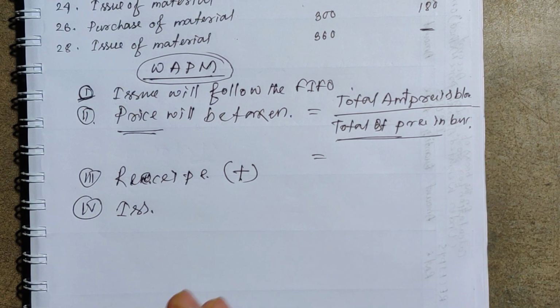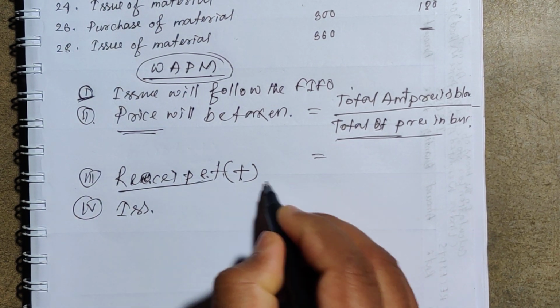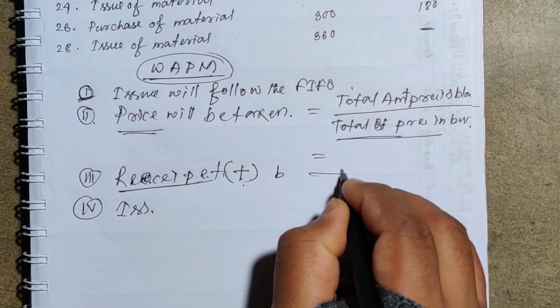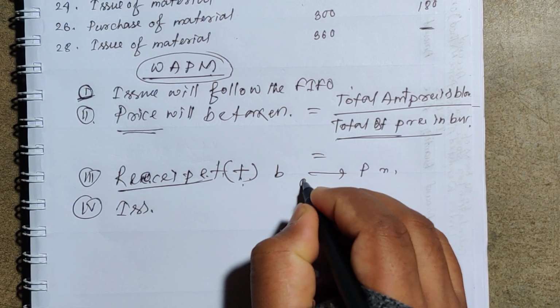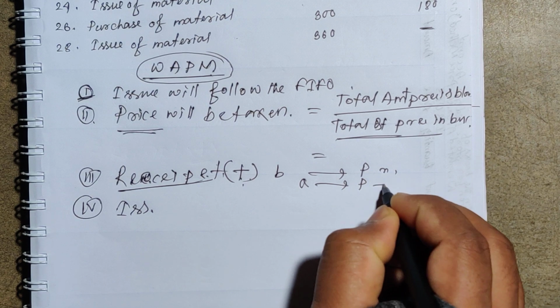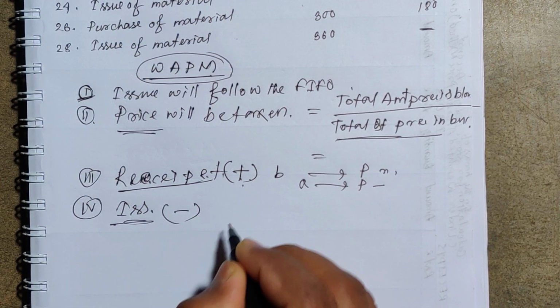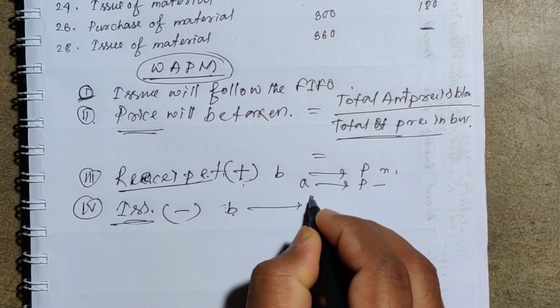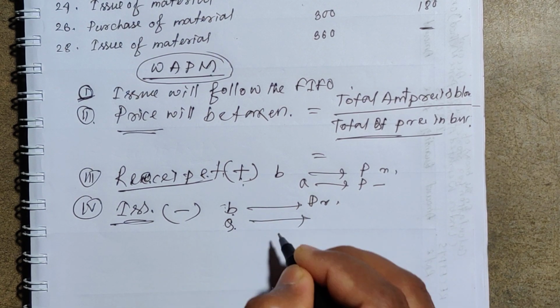That means during receipt, we add the receipt balance to the previous stock balance, and the quantity to the previous stock quantity. For issue, we deduct the issuing balance from the previous stock balance and the quantity from the previous stock quantity.